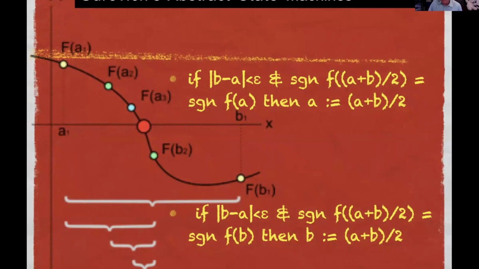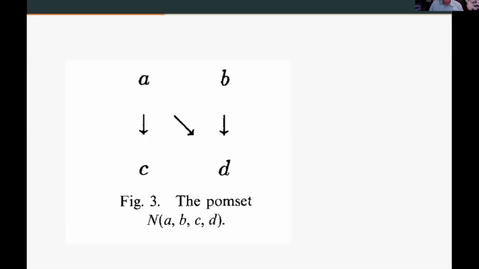If they're close enough, you look to see whether the sign matches one edge or the other, and then you narrow the region accordingly. But the point here is that you're not implementing f. You're getting f regardless of whether f is computable or not. This describes binary search.